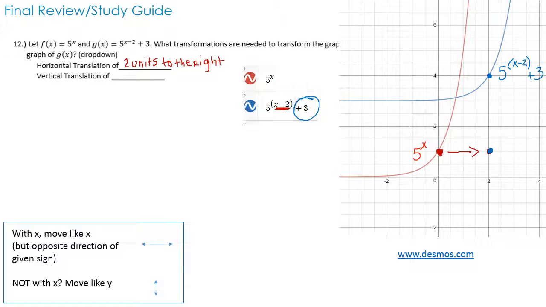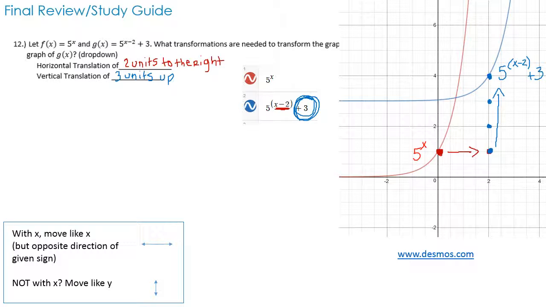So this is saying positive 3, meaning we're going to move up 3. So let's go ahead and check. We move up 1, 2, 3 units. So up 3 units, which is exactly what our function said. So we have a vertical translation of 3 units up, or up 3 units.